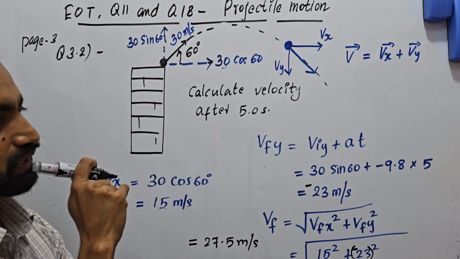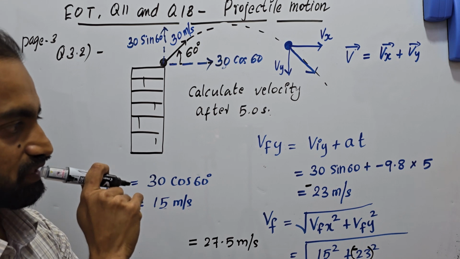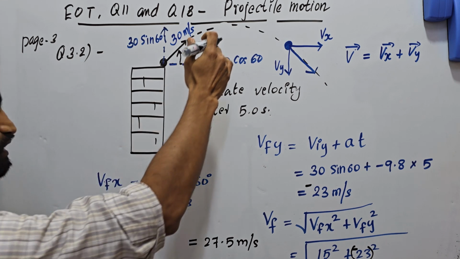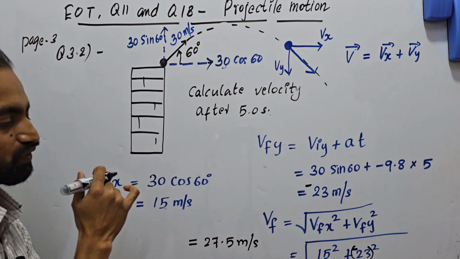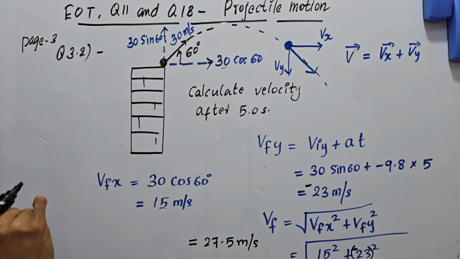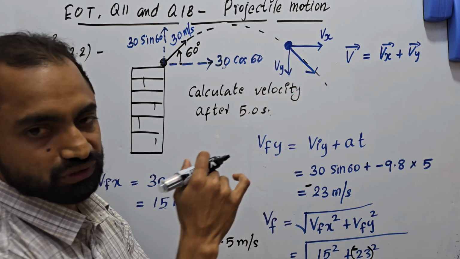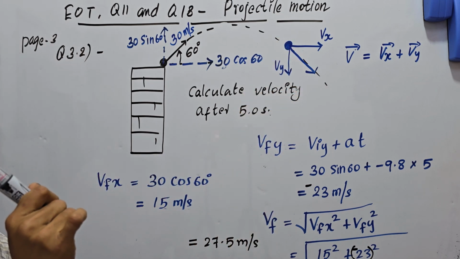See, upward direction is positive, downward direction is negative. Okay, I understand what you are telling, because it is falling, right? So when it is falling, velocity is increasing. That is why you are saying acceleration should be positive, right? Because the object is moving and acceleration, both are in the same direction, right?